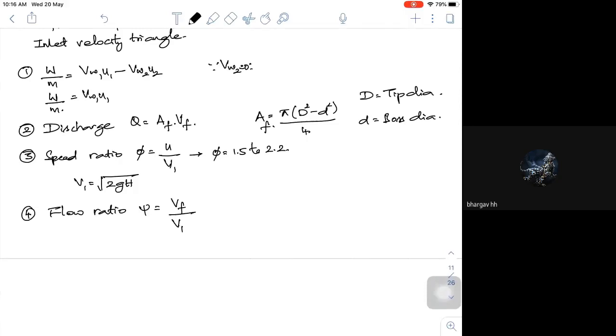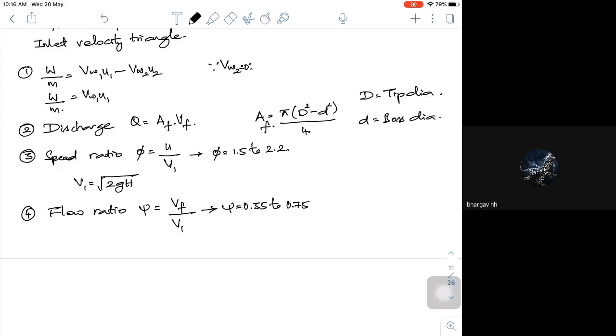From the design perspective, this number varies from 0.35 to 0.75. If I substitute V1 is equal to root 2gH, I will get it. So phi is equal to U by square root of 2gH for the speed ratio. For the flow ratio, psi is equal to Vf by square root of 2gH.